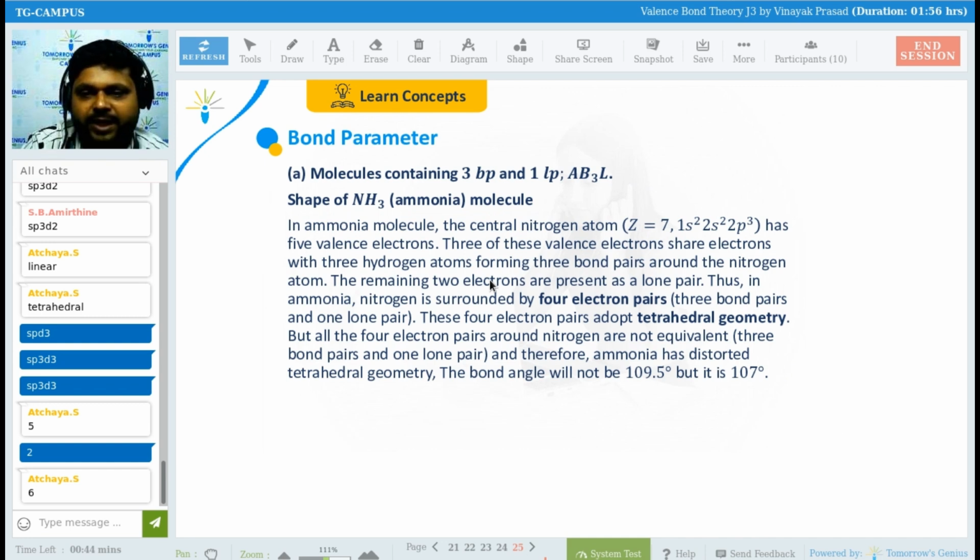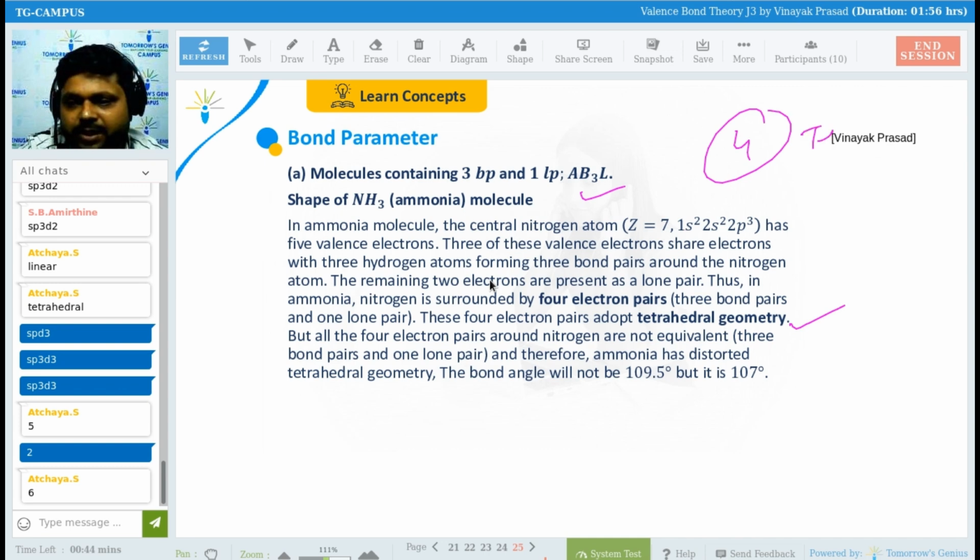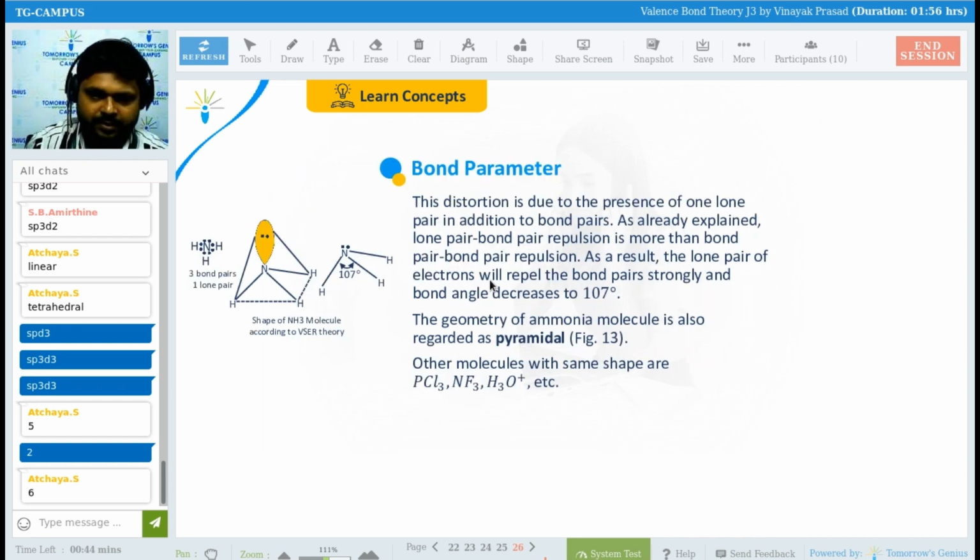If there is a case of AB3L type, ammonia, which we have just seen, the geometry will be tetrahedral, because the total number of bonded atoms and lone pairs all together is 4. If it is 4, it will be tetrahedral. Getting my point? And I have shown you the shape of this. See the structure of this ammonia, guys.